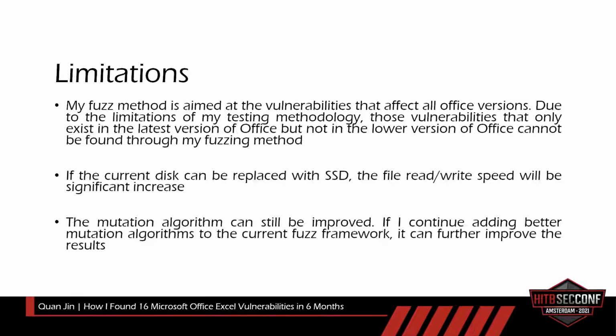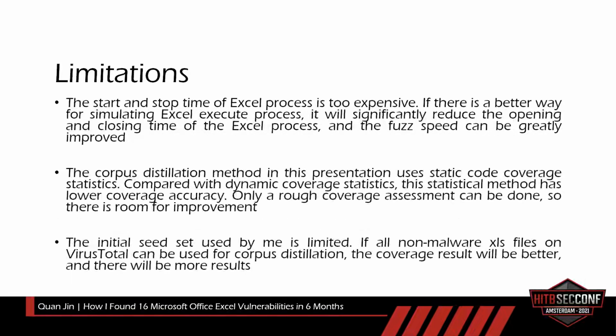The start and stop time of the Excel process is too expensive. If there is a better way of simulating the Excel execution process, it will significantly reduce the opening and closing time of the Excel process, and the fuzzing speed can be greatly improved.